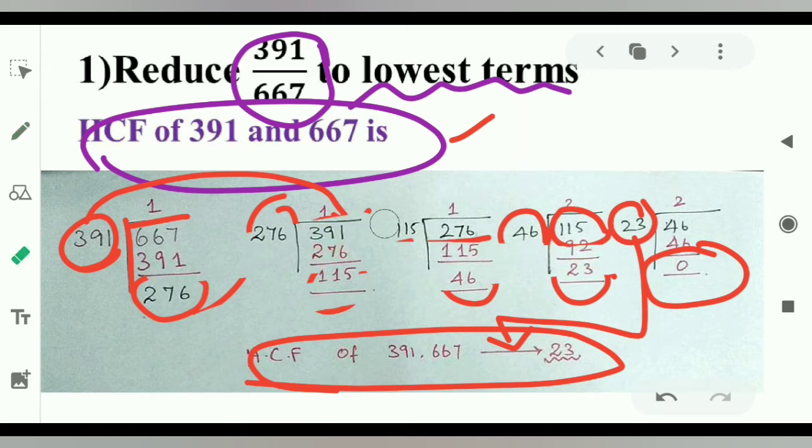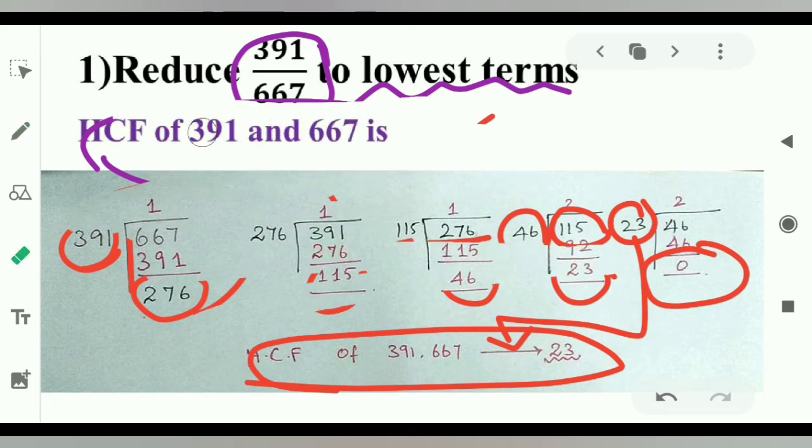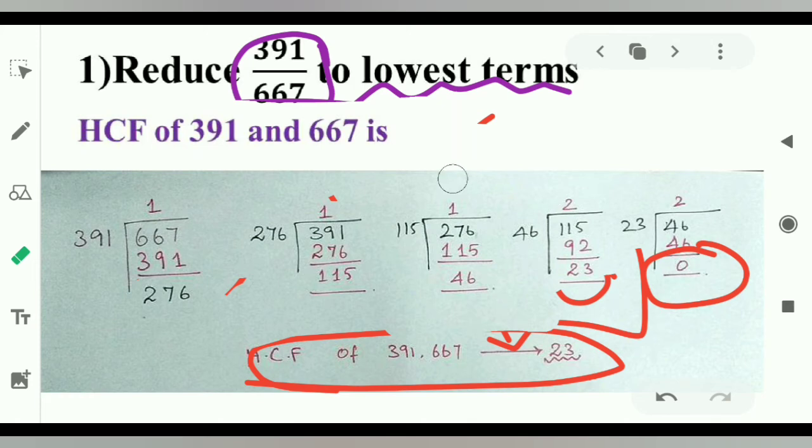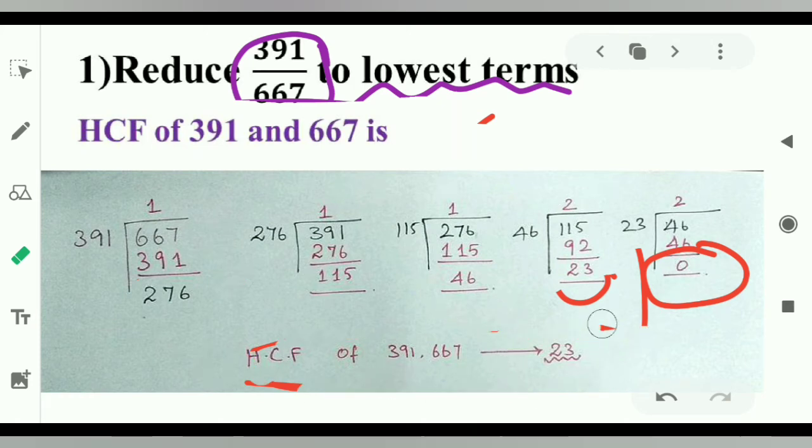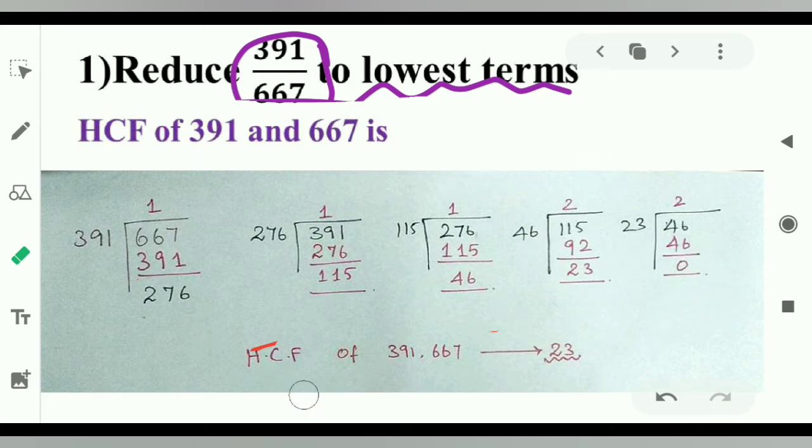In other terms, we have found the highest common factor, a number which will divide both the numbers exactly, right? The highest number which divides both 391 and 667 exactly is nothing but 23.